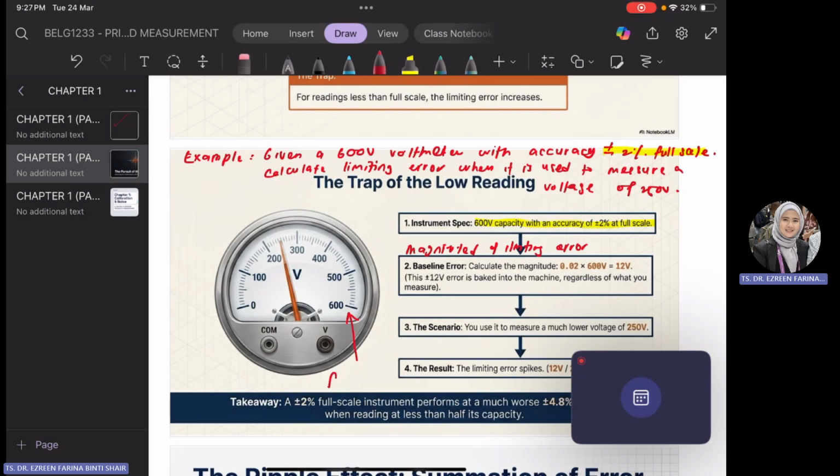The full scale is 600 volt. So you need to find 2% of the full scale. So 0.02 multiplied by 600, you get 12 volt. So this is plus minus 12 volt error.